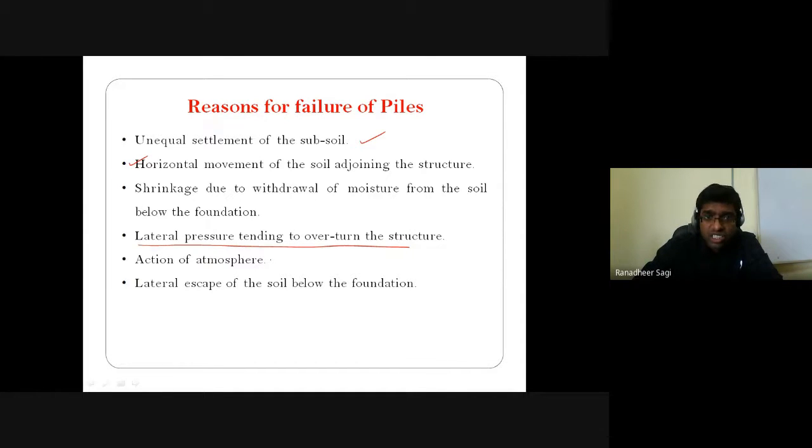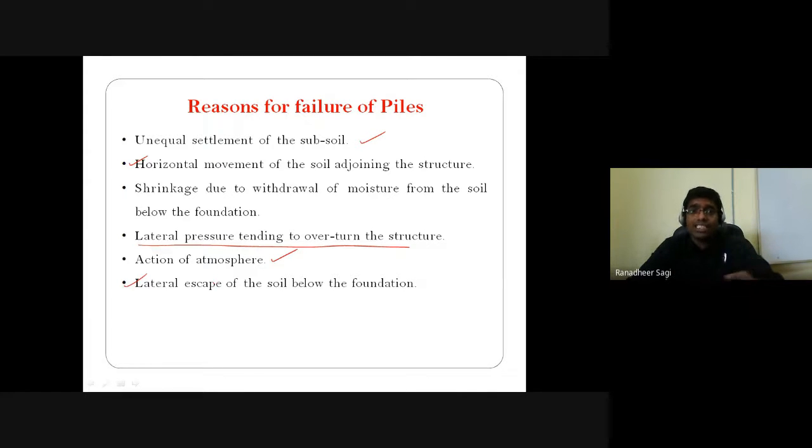And because of the action of the atmosphere, if you have glaciers, wind loads, or snow loads, and those are not properly taken into consideration depending on the location, your superstructure can get damaged because of failure in the pile, since the pile is not designed to take care of those loads.